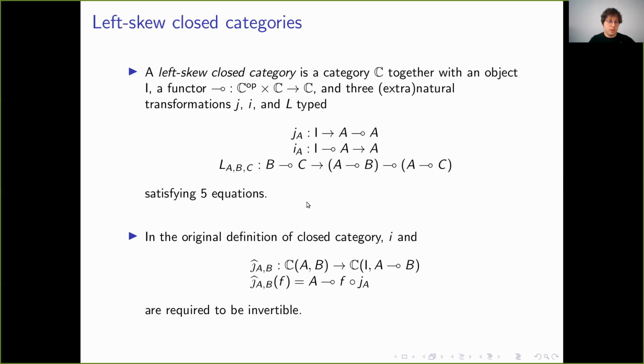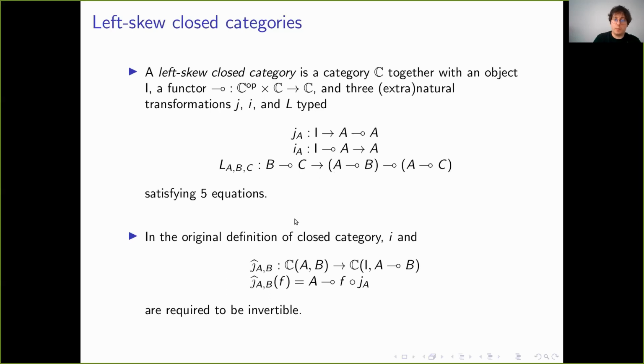These J, I, and L are structural laws that also appear in the definition of closed category by Eilenberg and Kelly, but in the original definition there are some additional requirements. First of all, I is required to be an isomorphism, so there is an isomorphism between any object A and I lolly A.